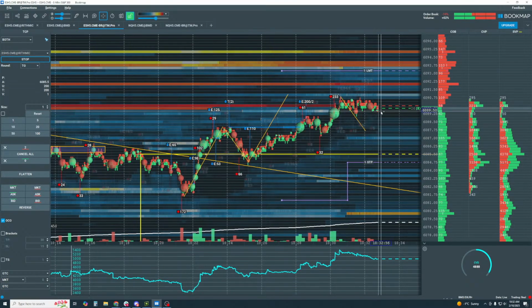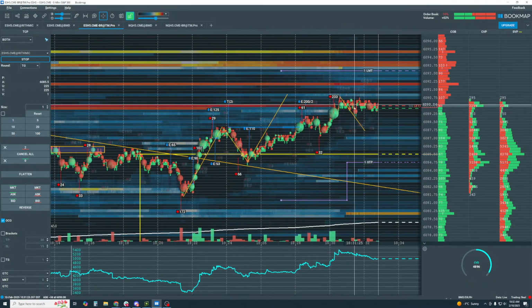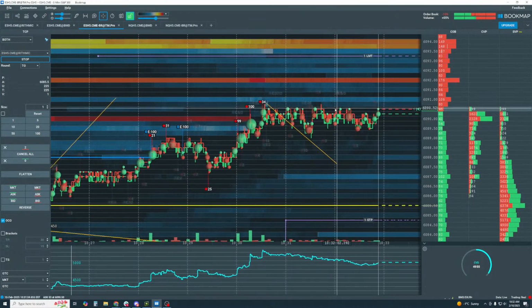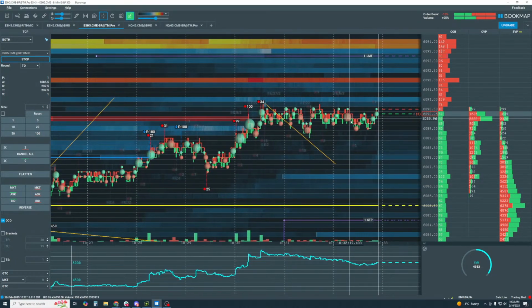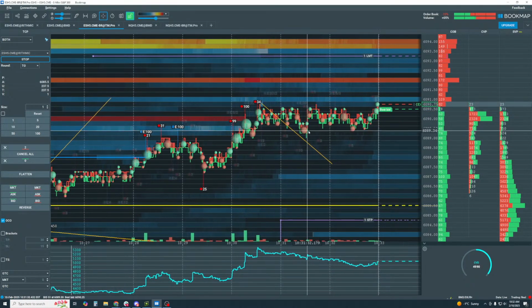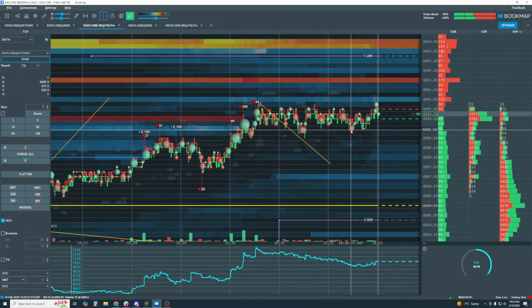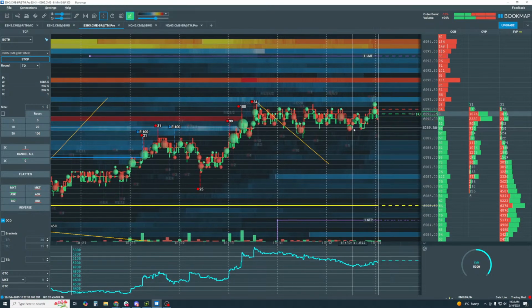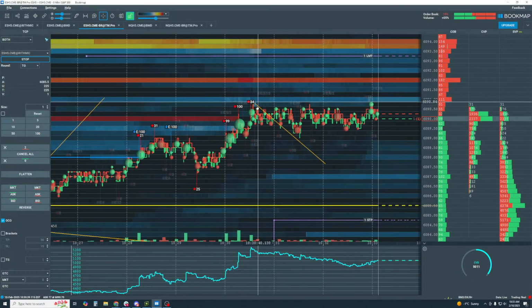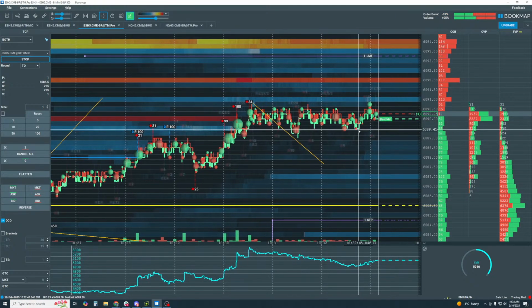I'm seeing the behavior in here. What I need to see is these sellers, or lack of buyers, gain some traction. Right now they're not really gaining traction. I see the selling coming in, but they're not gaining the traction yet.